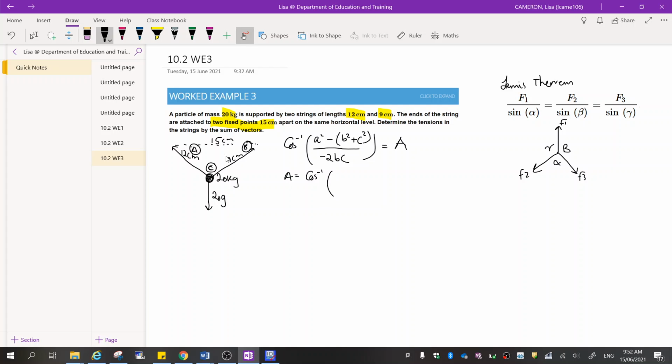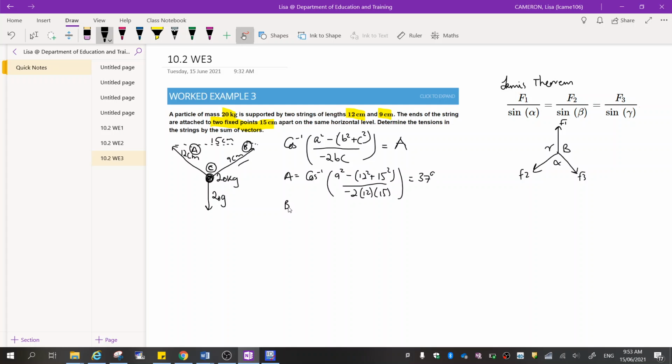Now, if this is A, then that's my opposite side, that's going to be little a. 12 squared plus 15 squared minus 9 squared all over 2 times 12 times 15. And that's going to give me an angle of 37 degrees.